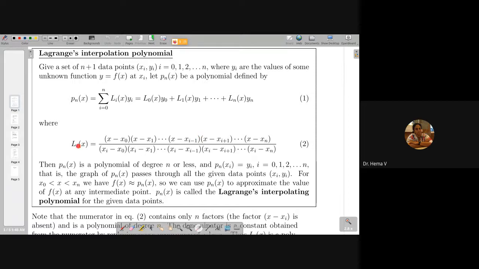Whatever the index corresponding to this L, we will skip that, up to x minus xn. Similarly, in the denominator all the factors start with xi, so we are forced to skip the xi minus xi term. We have to make sure that we do this properly and multiply each Li with yi. So L0 into y0 plus L1 into y1 plus L2 into y2 plus etc., Ln into yn. Like that we will do.